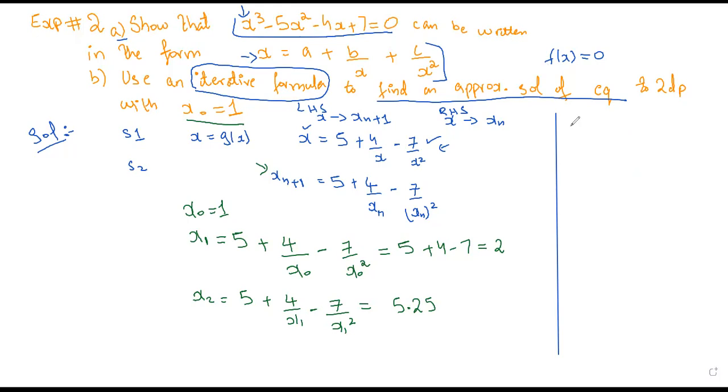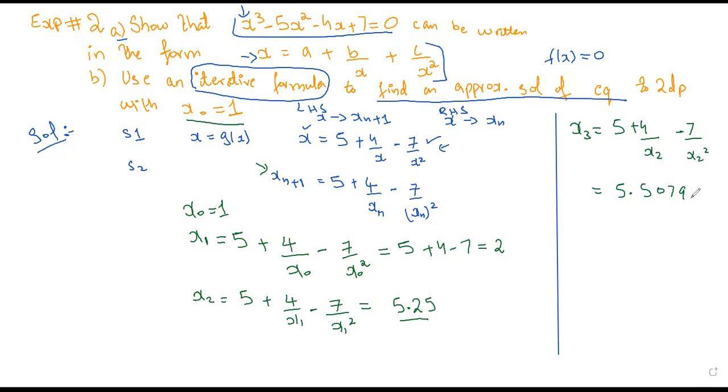Okay, let's talk about x3. x3 would be 5 plus 4 by x2 minus 7 by x2 squared, and use your calculator: x2 is basically the answer button in your calculator, right? Yes. So this would be 5.5079, and I have more digits as well.